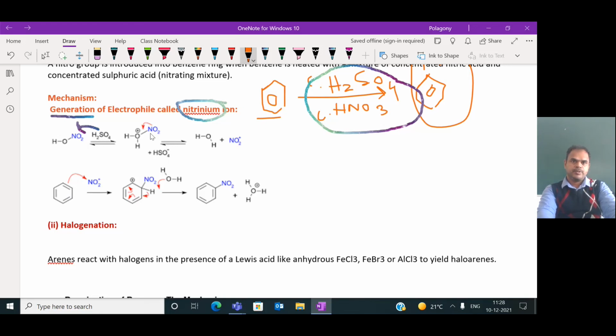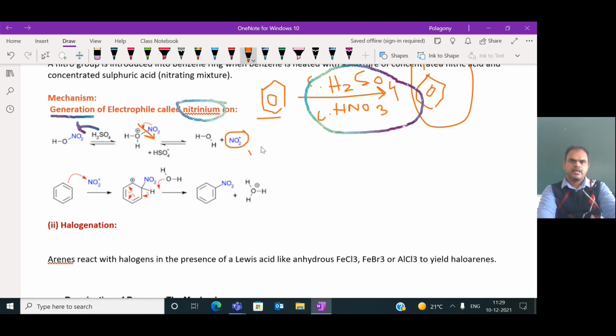Then the bond between nitrogen and oxygen will break. The N-O bond is broken due to the protonation. Oxygen gets the positive charge here. When the bond is broken, the nitronium ion is formed, and H2O is formed here.